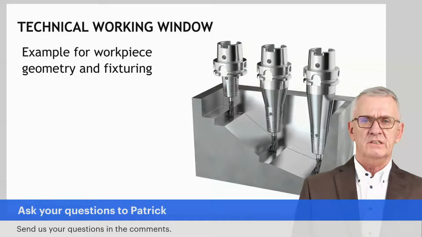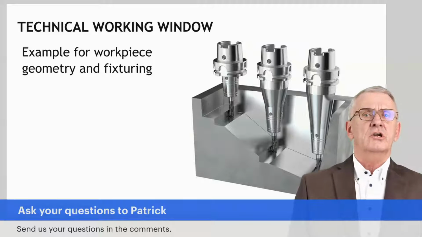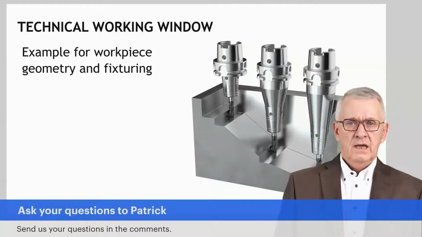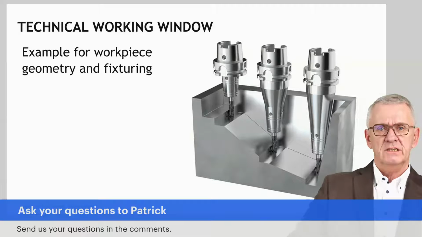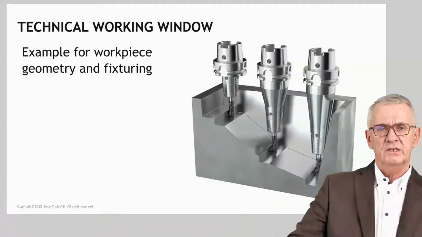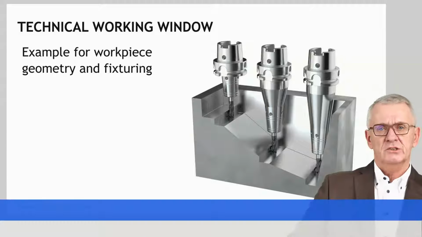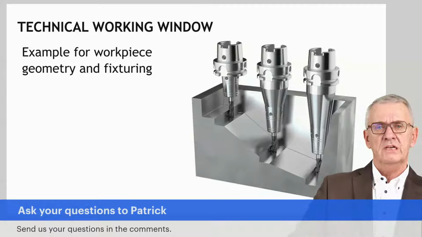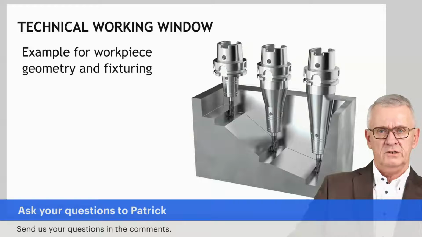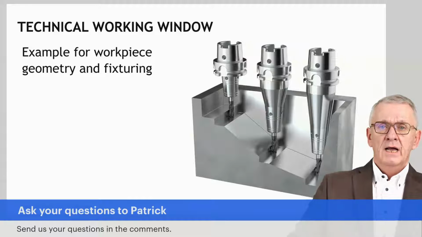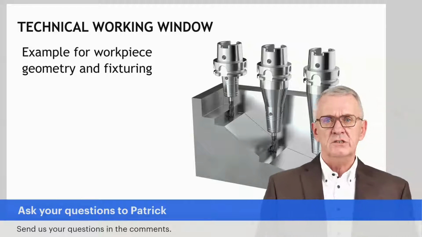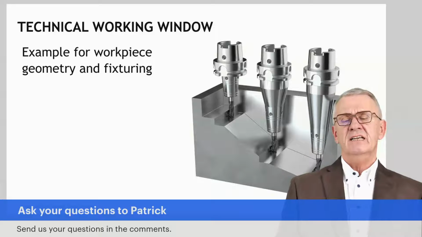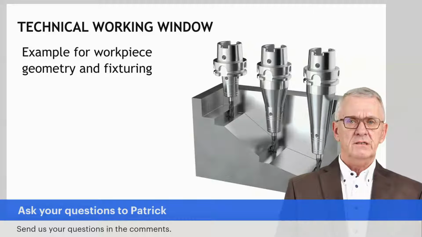However, if your workpiece has a geometry that does not allow that, and you can't use the milling cutter as illustrated here to the left in the picture, but for reasons of accessibility you need to use a long milling cutter with a small diameter, it's a necessity. You cannot change it. And that, of course, will influence all the other selections you make.